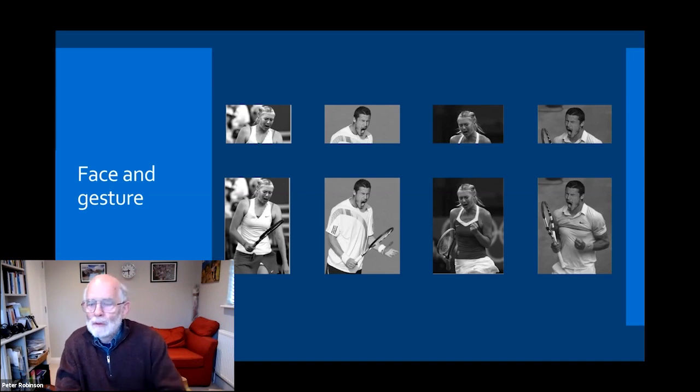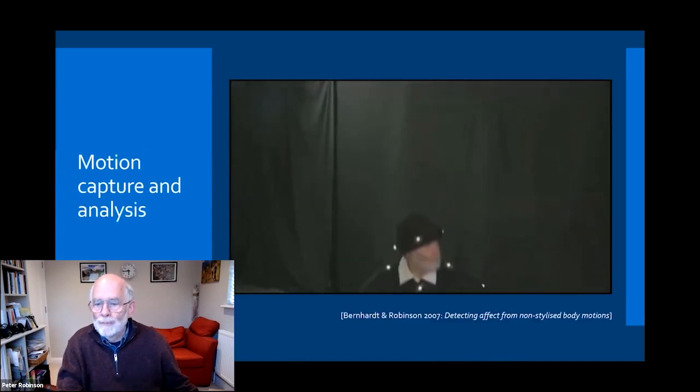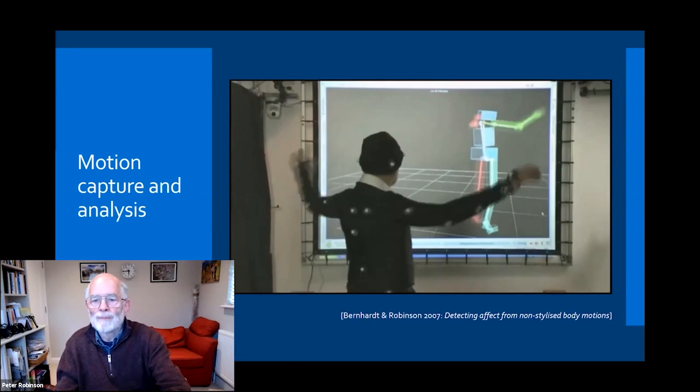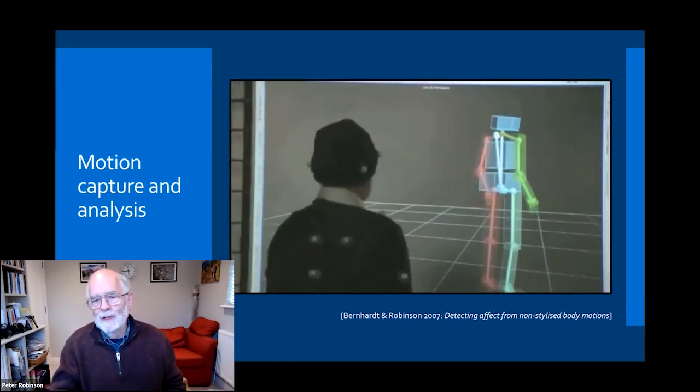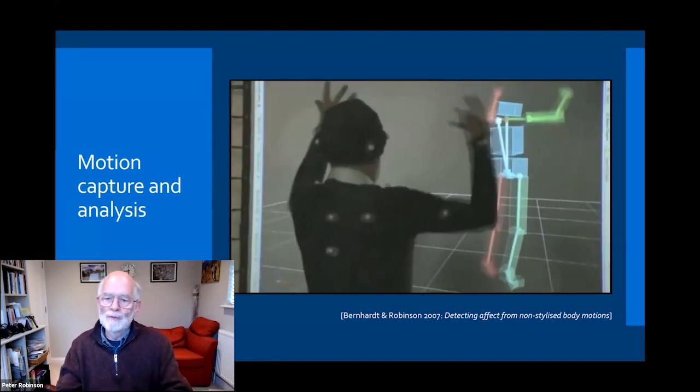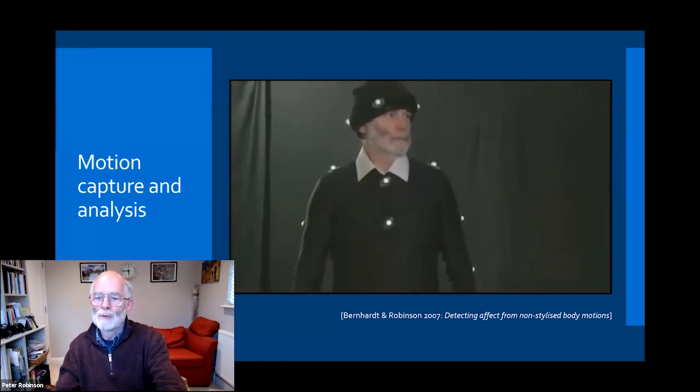We were doing this work some time ago before you could buy domestic systems. So you actually had to put a rather fancy reflective leotard on and then use a multiple scanning system to monitor what you're doing.